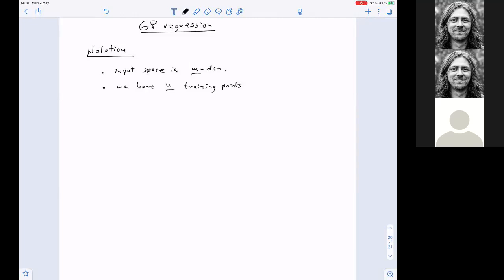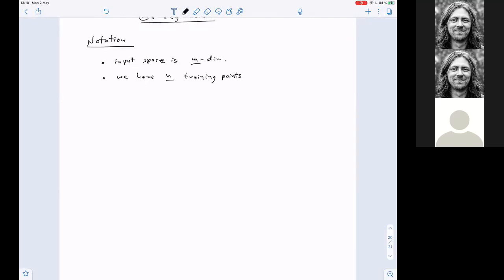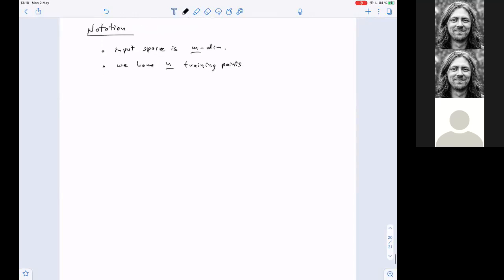The only reason you have to do some sort of quote-unquote training is that your covariance or kernel functions will have hyperparameters that you need to fix. If that wasn't the case, we would just make a Gaussian assumption, take our known points, and get the marginal distribution for new points. But anyway, we have n training points, each living in an n-dimensional X space.